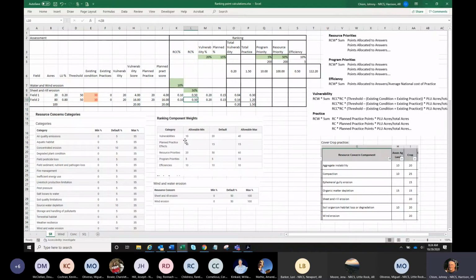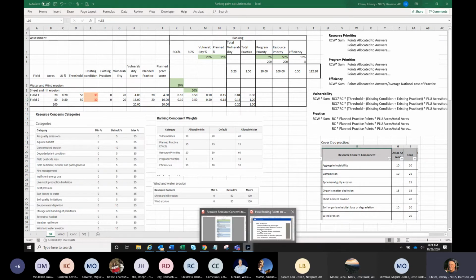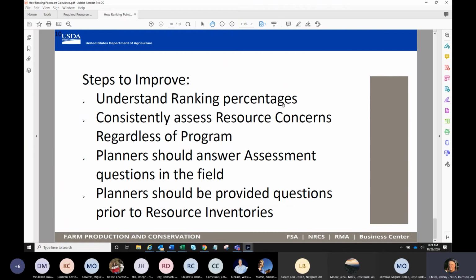Again, the vulnerability percentages can be set from 10 to 40. Plan practices from 15. It looks like 15 is the set amount for that. Resource priorities, program priorities, and efficiencies. So again, understanding those ranking percentages, I think will help.